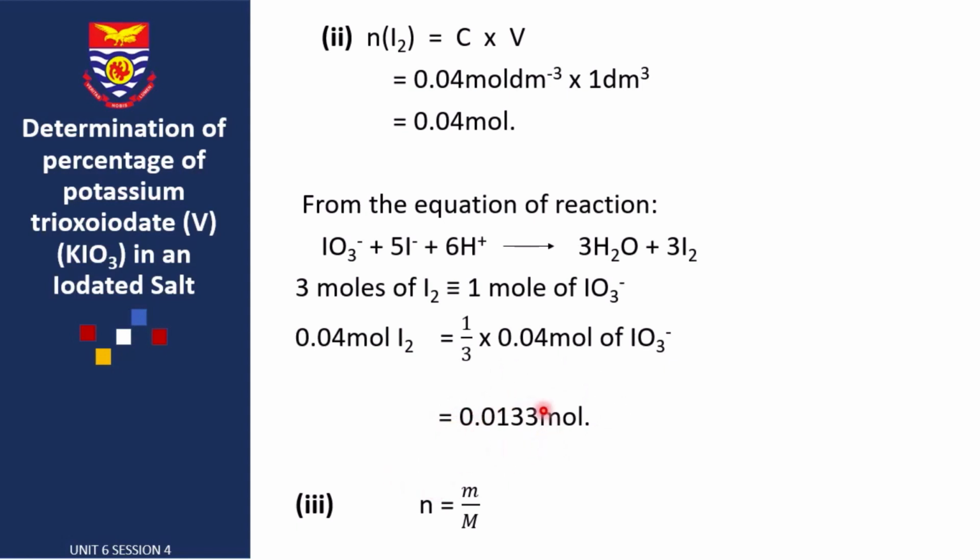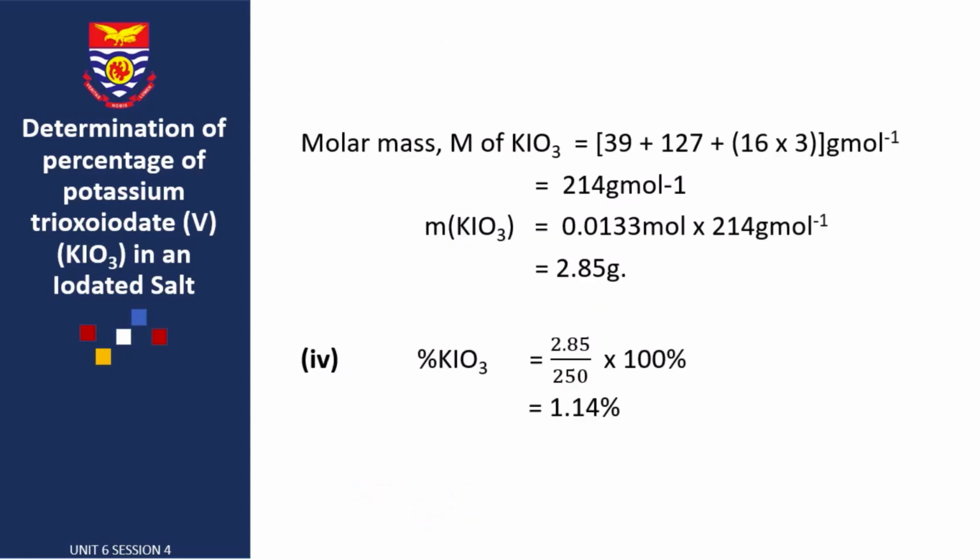We know this number of moles, and so the rest becomes easier. Now using this relation, amount is equal to mass over molar mass, we find the mass. And so we know the moles. The molar mass we can calculate from the relative atomic masses, and that gives us 214 grams per mole.